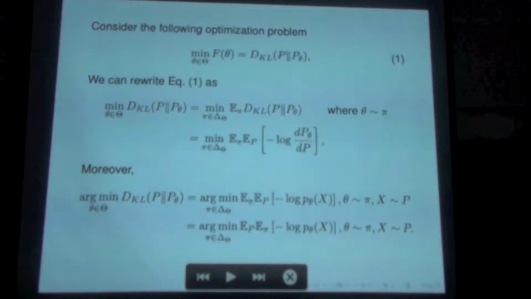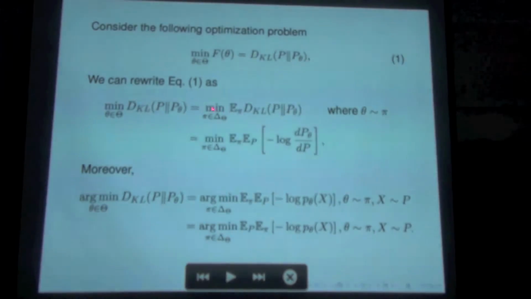So the first step is the following, and this is very interesting. We have an optimization problem over the parameter space. Now we are going to move from a simple problem to a more complicated problem, but it's going to become easier later. Look what I did here: I take expectation over a random variable pi, and I assume theta is distributed according to pi.